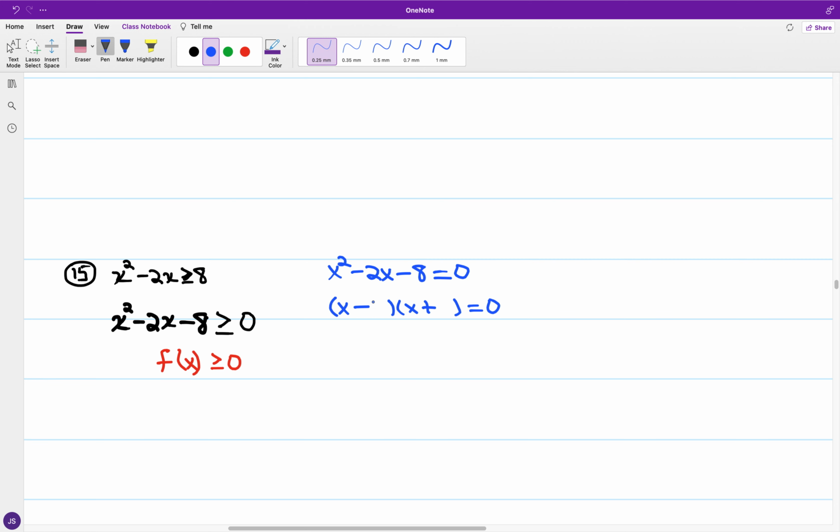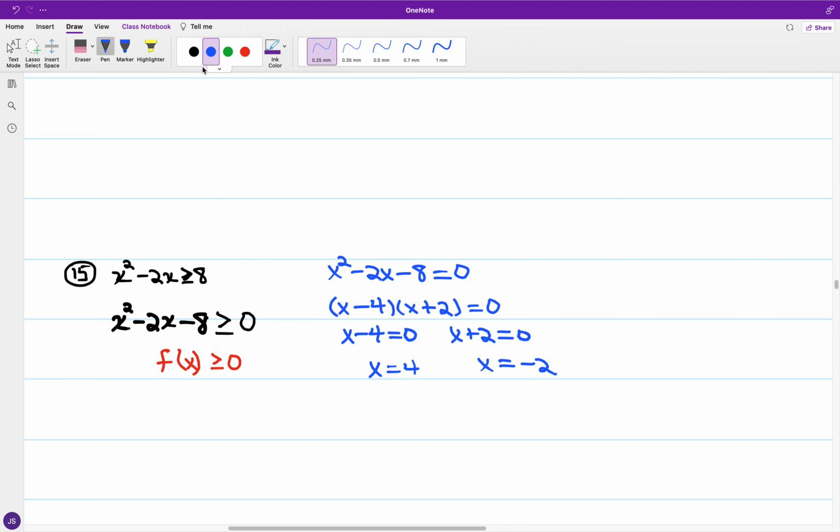So we'll have more weight given to the subtracting than to the adding. So we have with x minus 4 equal to 0, then we have that x is equal to 4. And we have with x plus 2 is equal to 0, so we have that x is equal to negative 2.